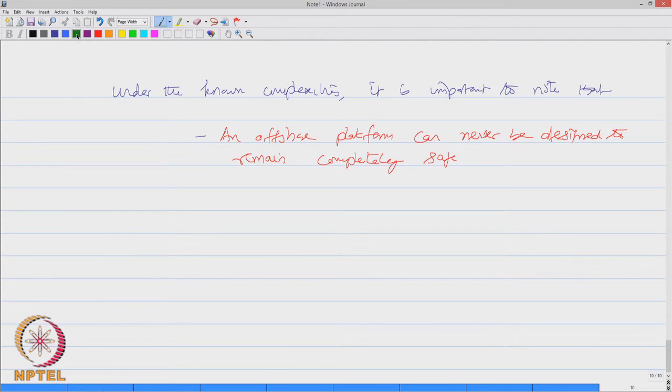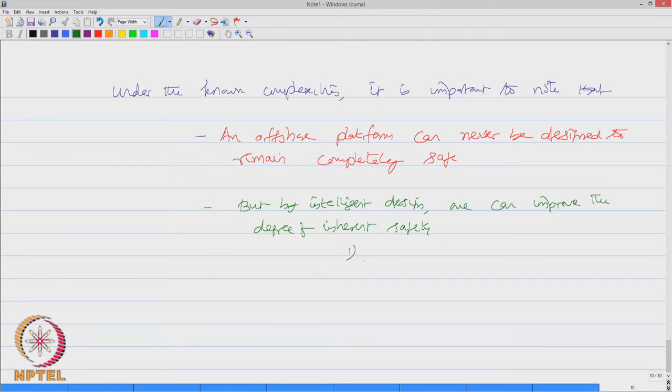Then what do we do actually? But by intelligent design, one can improve the degree of inherent safety. So, what are the steps involved in doing this?